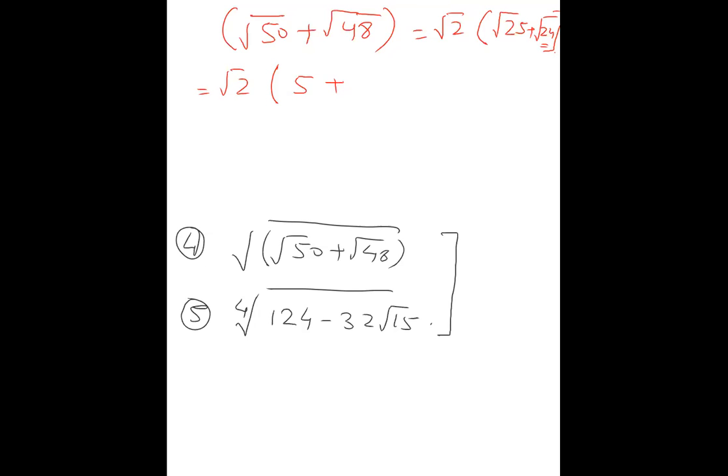So 4 under root is 2, root 6. Right? My question is something like this. इसके under root निकालने की बात हो रही है. Under root of this one. First, rewrite this question in this form. Then it will be easier for us to understand or crack the question.